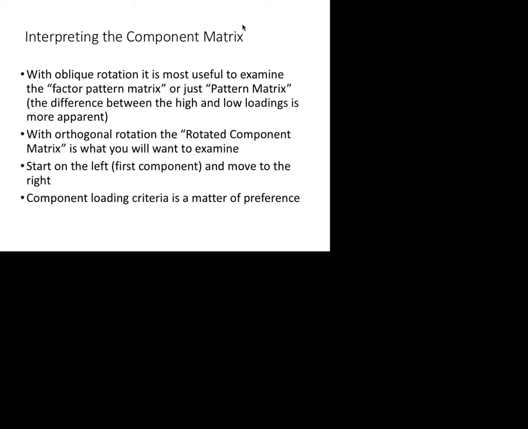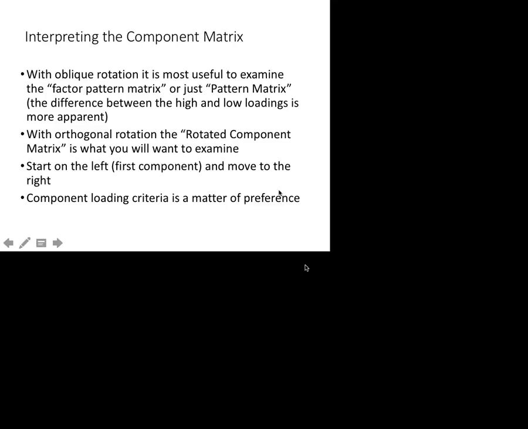If you did one of the orthogonal rotation methods, Direct Oblimin is the one that I mentioned, there's a matrix that we're going to interpret called the rotated component matrix. So depending on which rotation method you use, you just have to make sure you get to the right matrix. Then we start at the left, with the first component, and move to the right as we interpret our components.